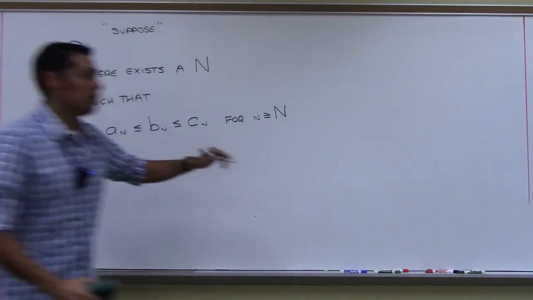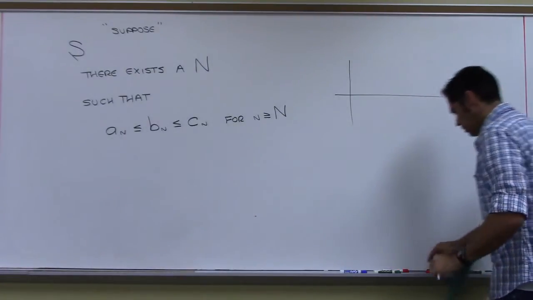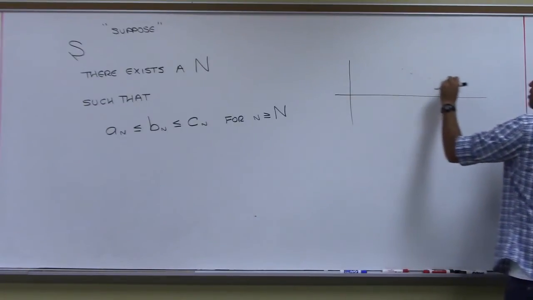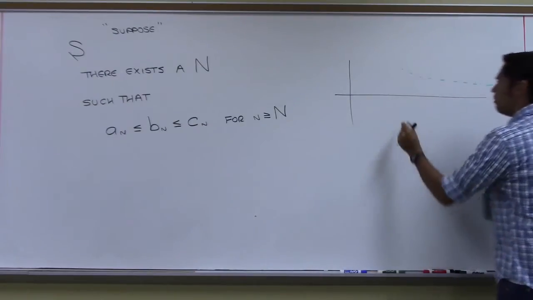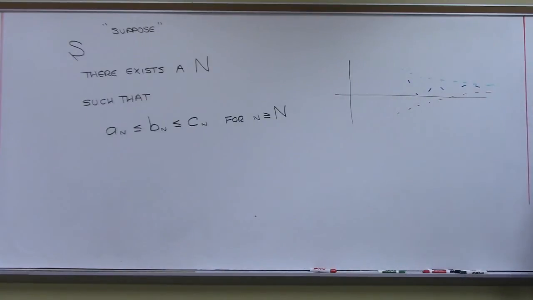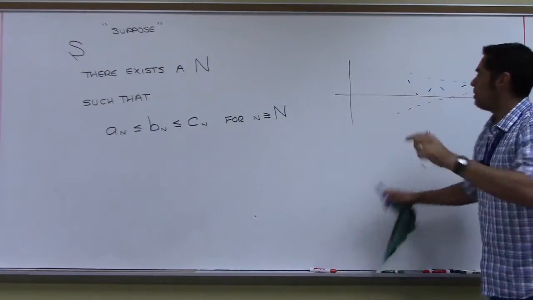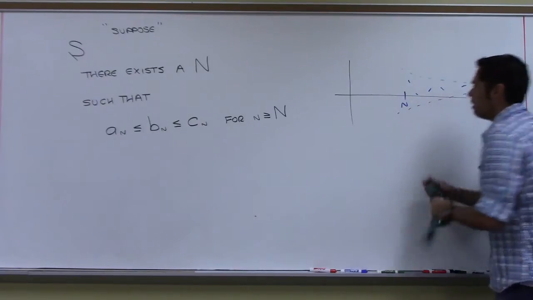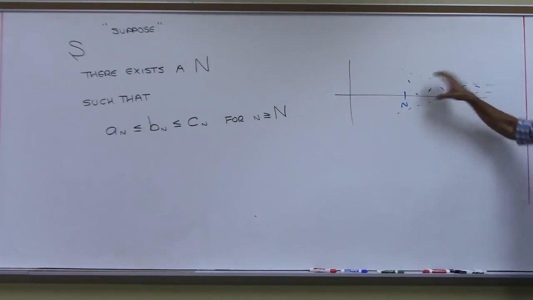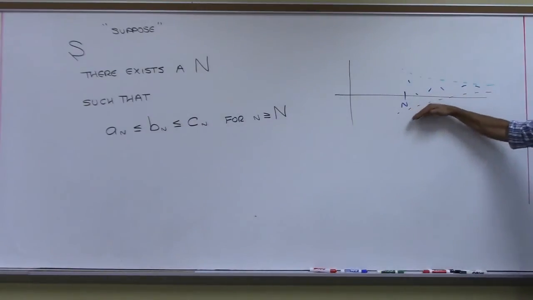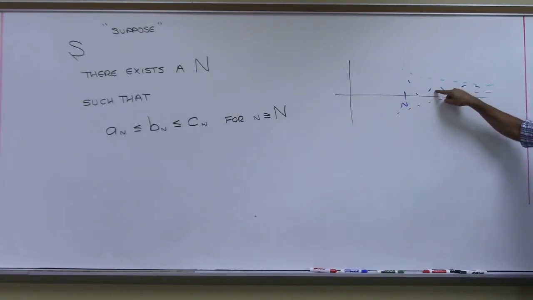So you remember on my picture, I had green ones going like this, and red ones going like this, and blue ones in here like this, right? What this is saying is that from some capital N on, this inequality is always true. The A sub n, which in this picture would be the red, is below or equal to the blue, which is below or equal to the green, which would be C sub n.